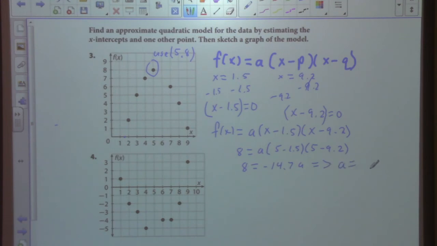A is equal to negative 8 over 14.7. And you can go ahead and work this out and get a decimalized version. But now we have an equation that can be worked out, which is f of x is equal to negative 8 over 14.7 times x minus 1.5 and x minus 9.2.